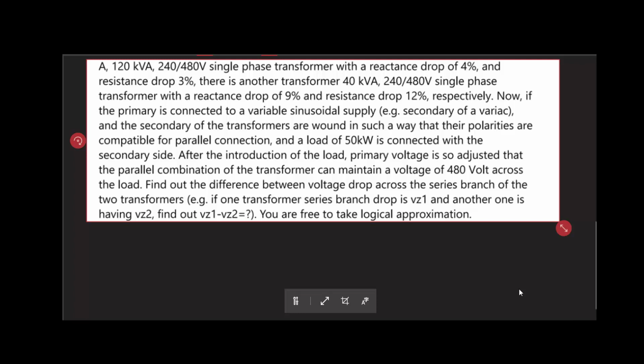ZE1 is 0.03 plus j0.04. So clearly both of them have the same magnitude, only the angle is different.